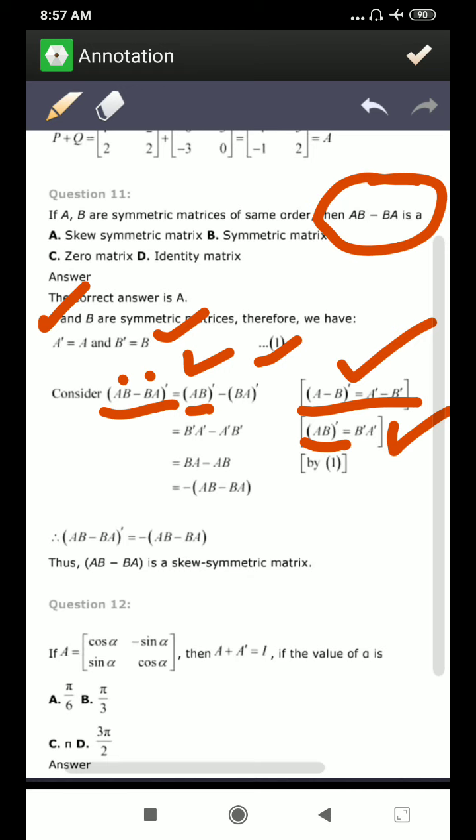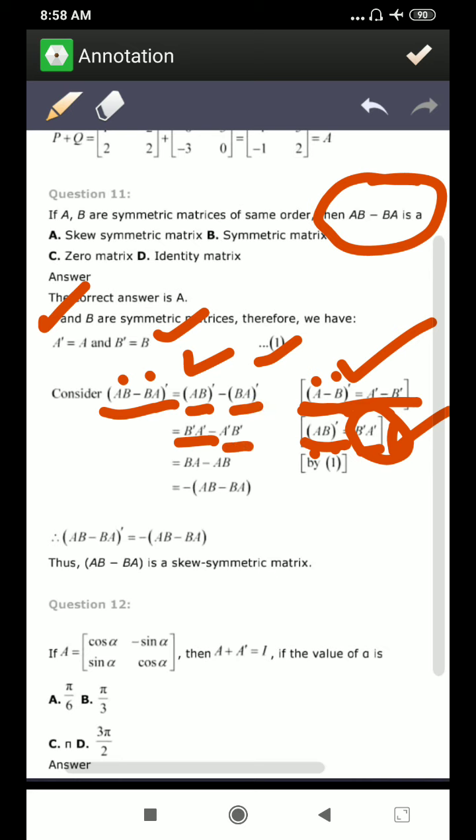Here the order is reversed, you see. In case of difference, order is not reversed. But in case of product, AB whole transpose is equal to B transpose into A transpose, and BA whole transpose will become A transpose into B transpose.